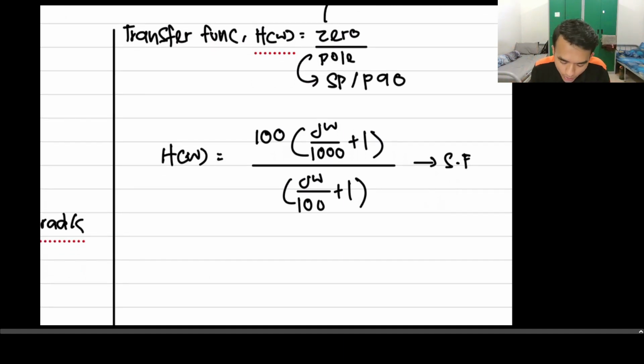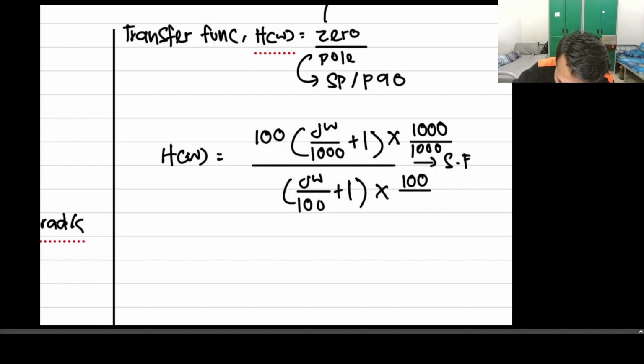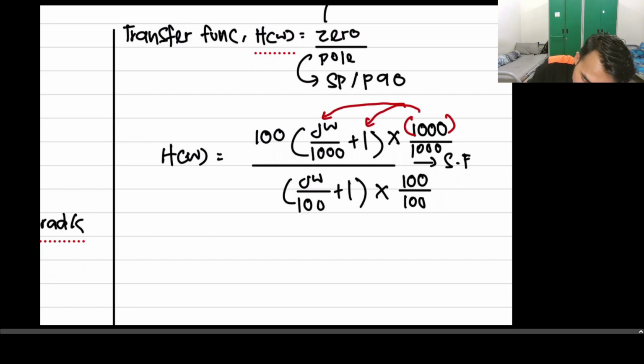So to cancel out the 1000, we can multiply it with 1000. And to cancel out the 100, we can multiply it with 100 divided by 100. And the value of 1000 here, we can multiply with 1, and we can multiply with jω. And the value of 100 here, we can multiply with 1, and we can multiply with jω here.